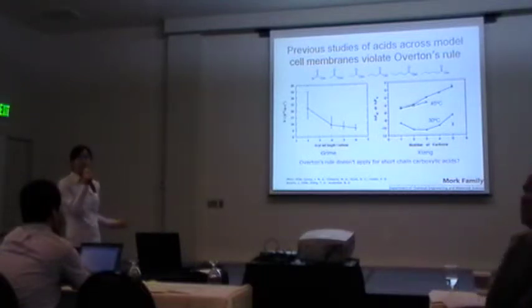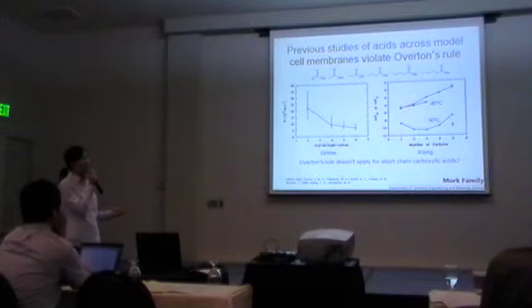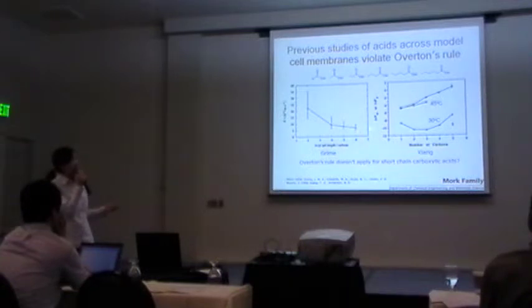And Xiang and co-workers found that as the acyl chain length increases, the acid permeability first decreases and then increases. So they suggest that Overton's rule needs to be revised, and some other factors like the molecular size and structure need to be taken into consideration.